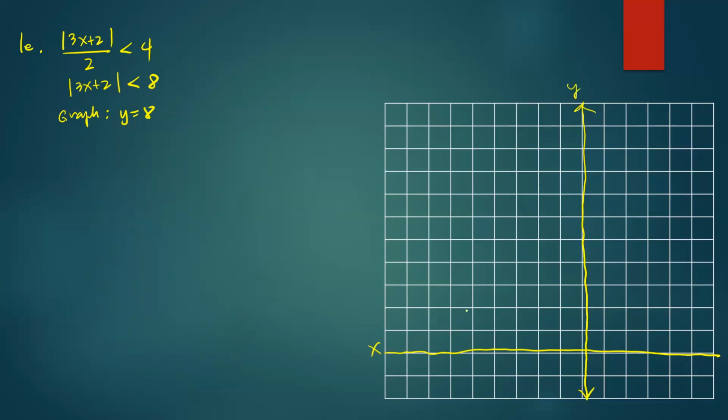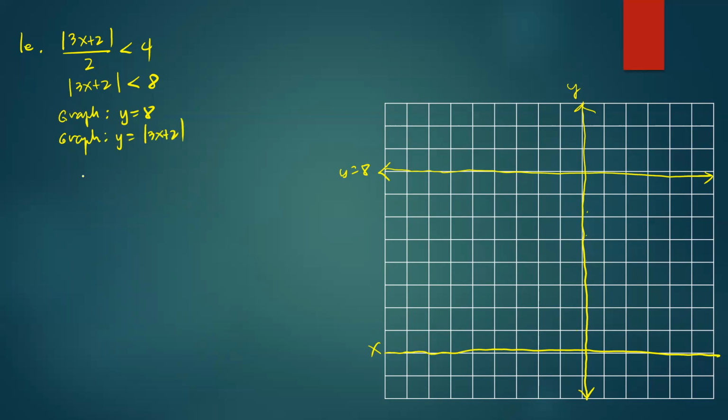Okay, so we need to graph y is equal to 8. So we have 1, 2, 3, 4, 5, 6, 7, 8. So this is our y is equal to 8.